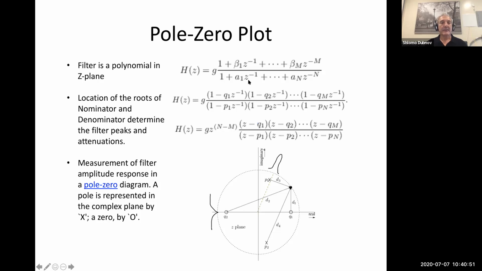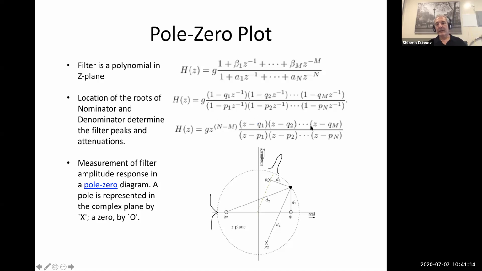This representation of a function is very powerful, because now you can see that this is a polynomial. You can find the roots of this equation. You can rewrite any polynomial as a multiplication, where each factor is a specific root.